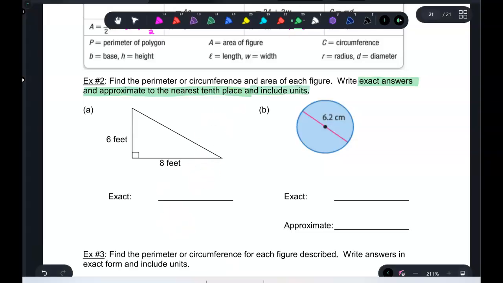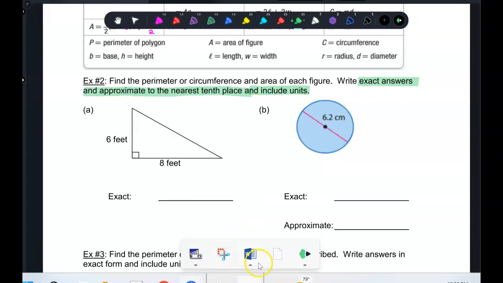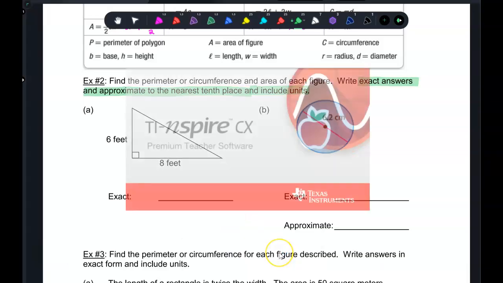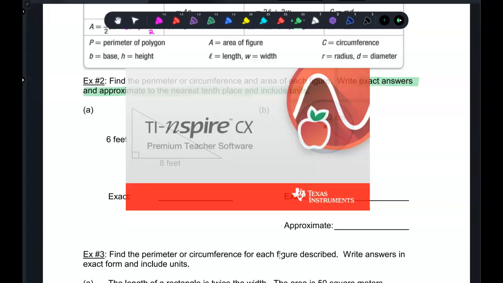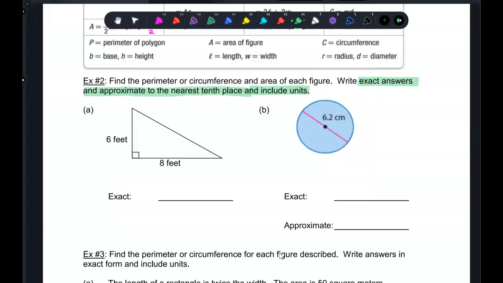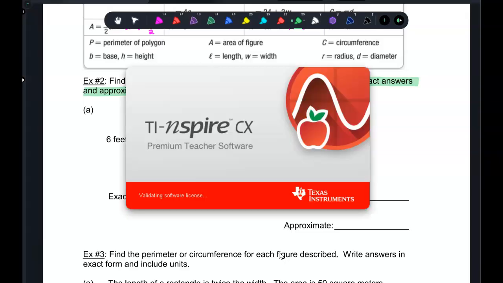Now, I forgot to mention we might need a calculator for today. If you don't have it, that's okay. If you have the graphing calculator with you and you want to get it out, okay? I know we haven't talked about the graphing calculator. Maybe on Monday when we have our first review day, I'll teach you some of the basics. Do we need it for the test?